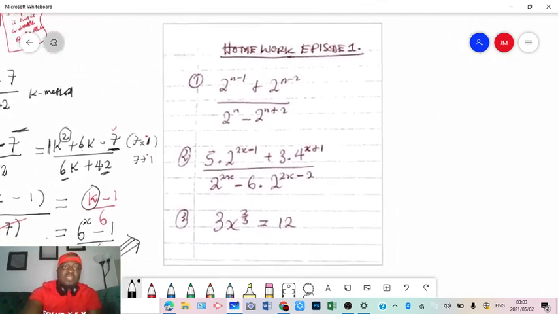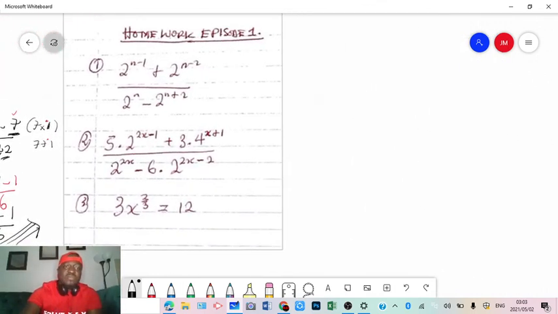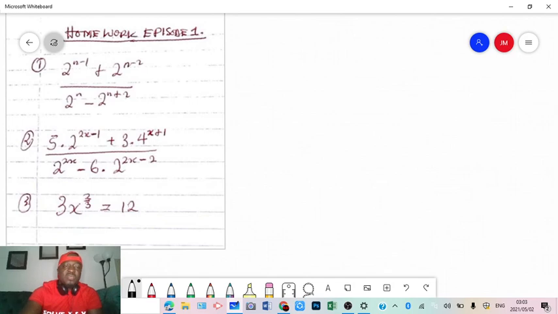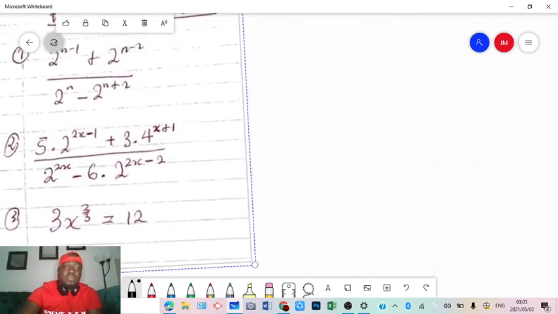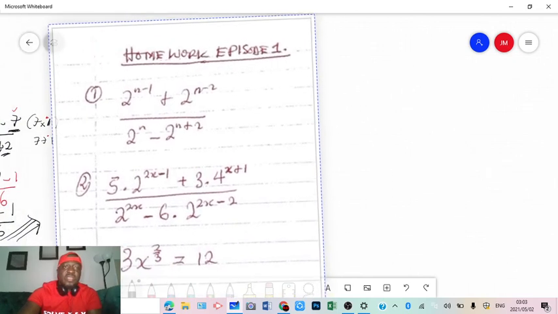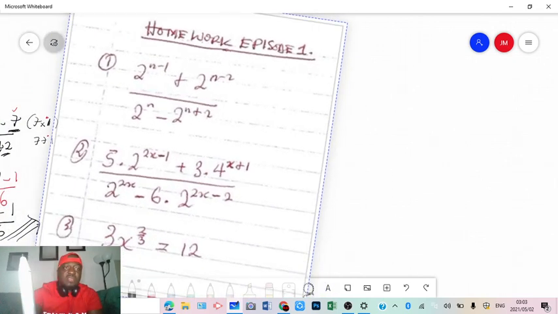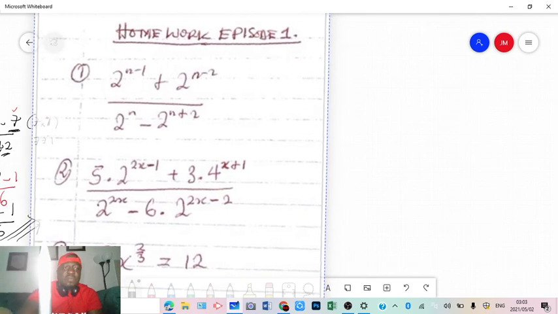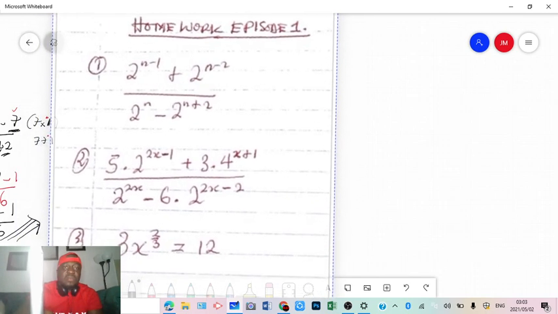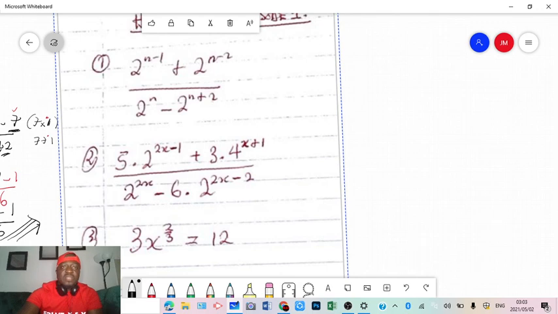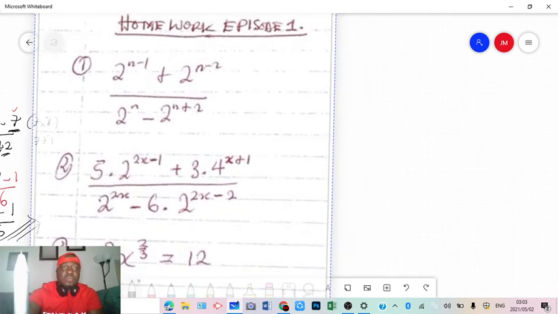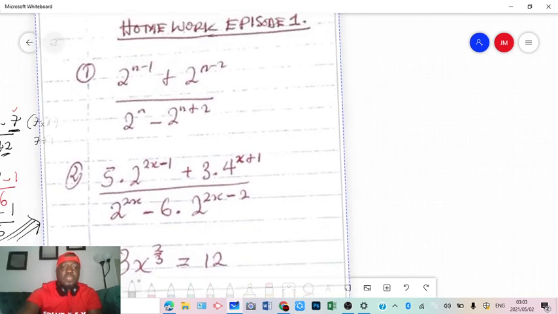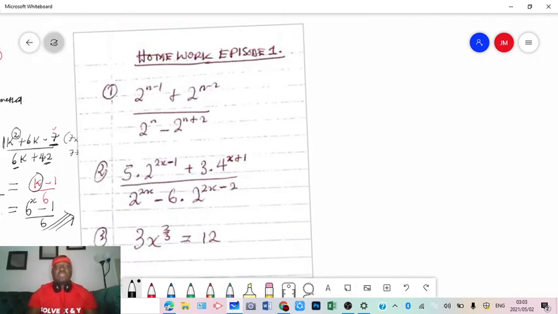Let me hide this section so that people don't confuse the solution that we did with the homework. So episode 1 homework is basically 3 questions. And yeah, if you're able to work this out, then you're good to go.